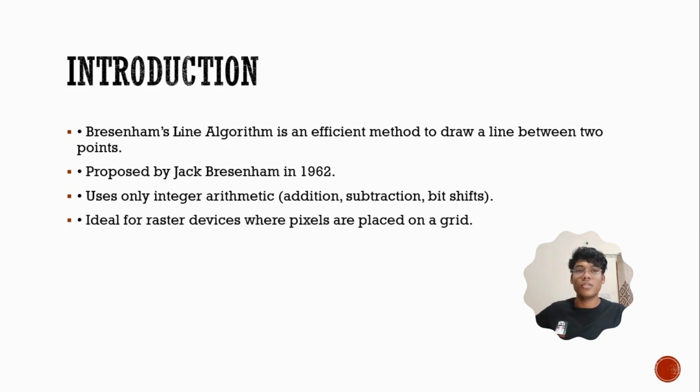So the introduction to this Bresenham line drawing algorithm, like where did it come from, who built it, and things related to it. Bresenham line drawing algorithm is an efficient method to draw a line between two distinct points, and it was proposed by Jack Bresenham in 1962.